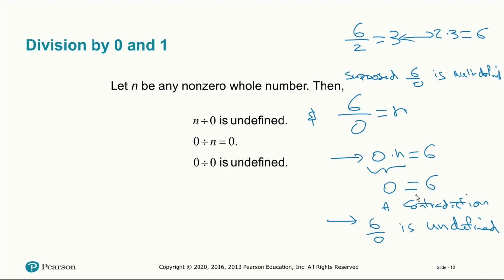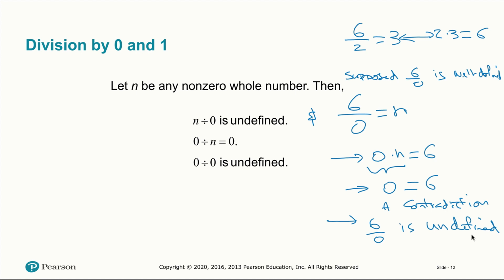Then that would imply that 0 equals 6. Therefore, we've reached a contradiction. So therefore, our initial assumption that 6 divided by 0 is well defined was incorrect. So therefore, 6 divided by 0 is undefined.